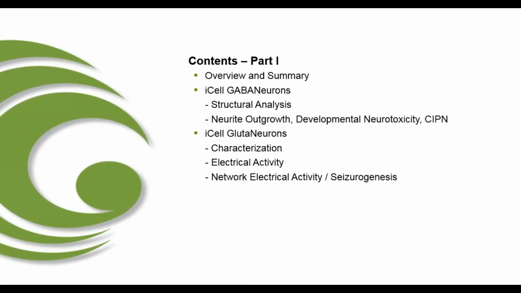All right, and so with that, I think we'll just kick it off. What's going to happen here is I'm going to give an overview, a little bit of CDI, and of two of our neuronal products, GABAneurons and GlutaNeurons. Dr. Bader will then go in and talk in detail about the high-level and complex analysis algorithms they've developed to detect seizurogenic activity, as well as how to classify various types of neurons and their responses to compounds.